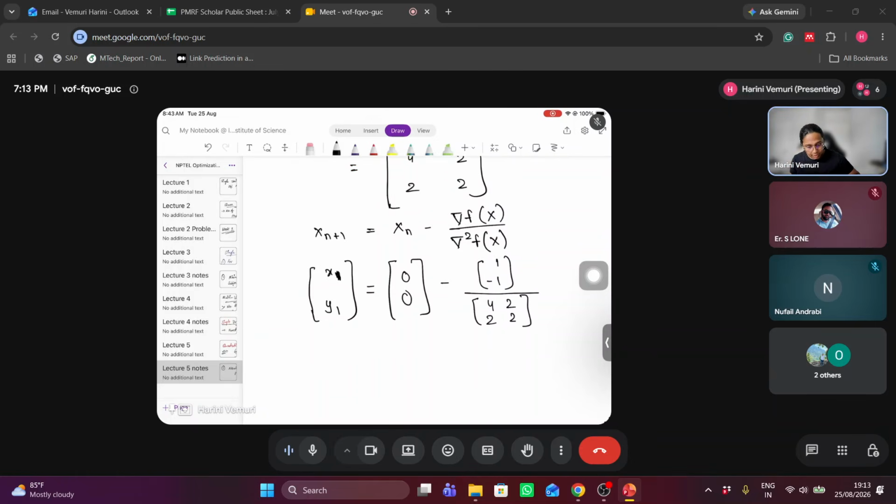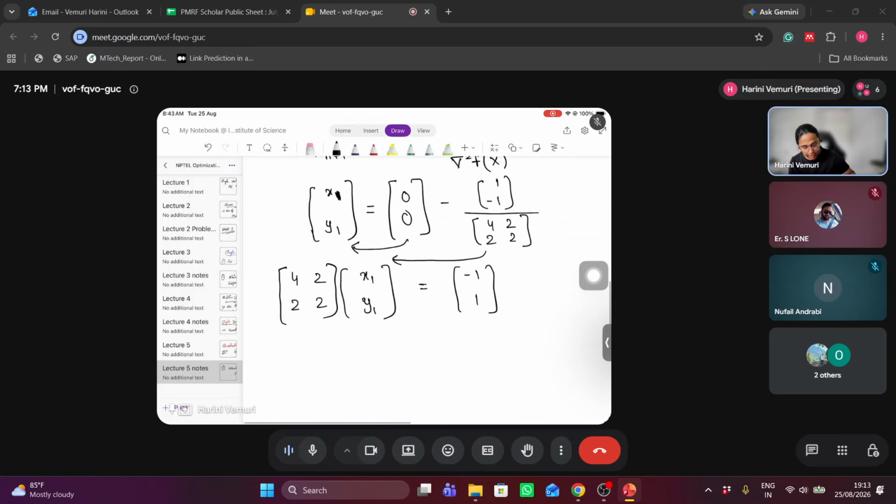Okay, so when we do it like this, if you bring this to the right hand side, it will be directly x1 y1. Okay, and this division will become multiplication, right? So you are just multiplying minus 1 1. So you can also take it like this: 4x1 plus 2y1, 2x1 plus 2y1.